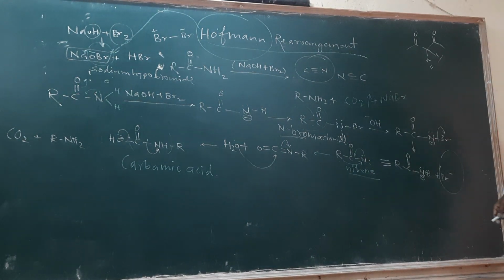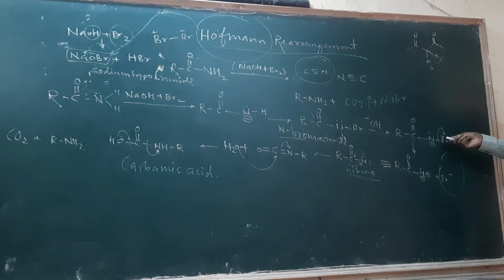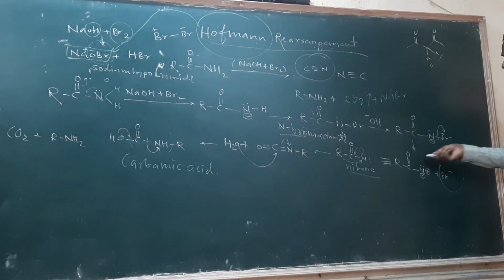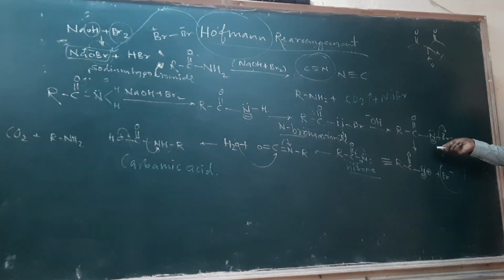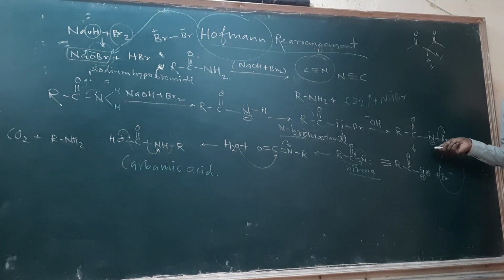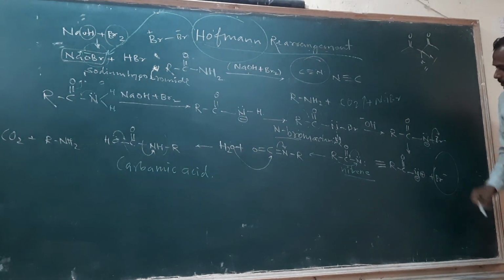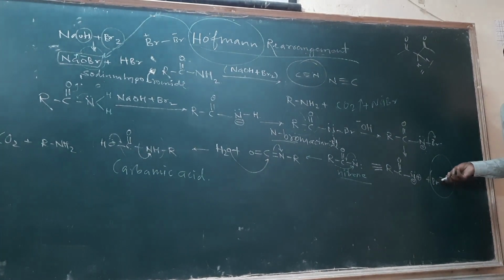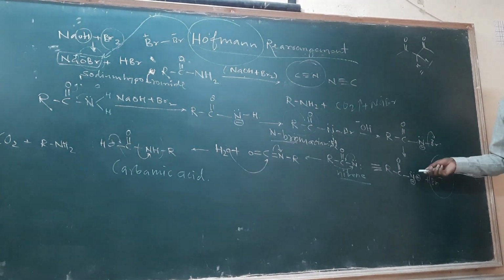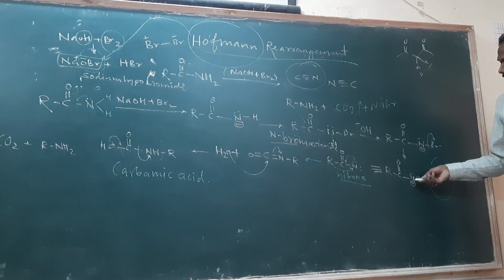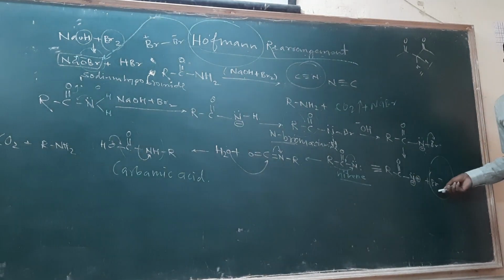This hydrogen is again taken by the base, so it becomes an N-bromo anionic amide, meaning the negative charge is present on the nitrogen. From here, the Br will get eliminated in the form of NaBr to stabilize the nitrogen.